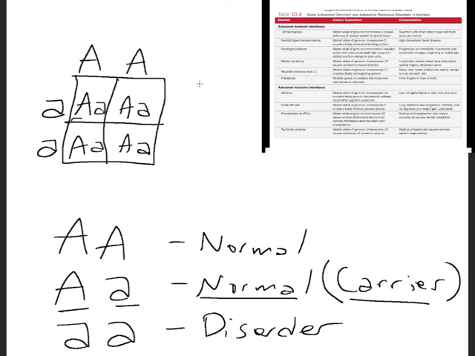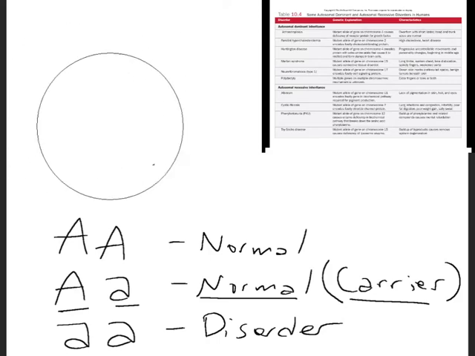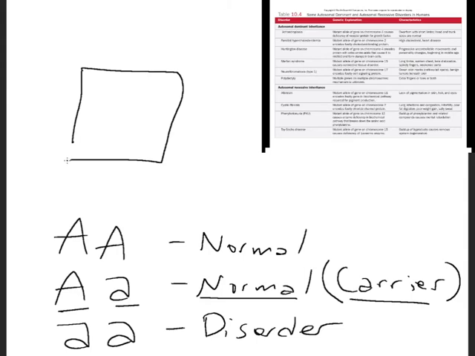Now, there's another question, and this is the one that also trips people up whenever I give it, and so I'm going to go over it with you. The question is, one parent has cystic fibrosis. What is the probability that their children will carry at least 1 recessive allele?